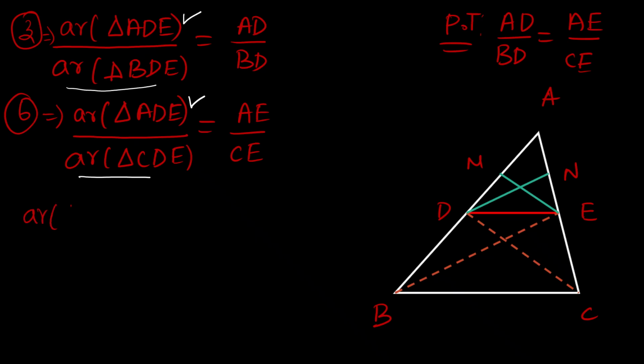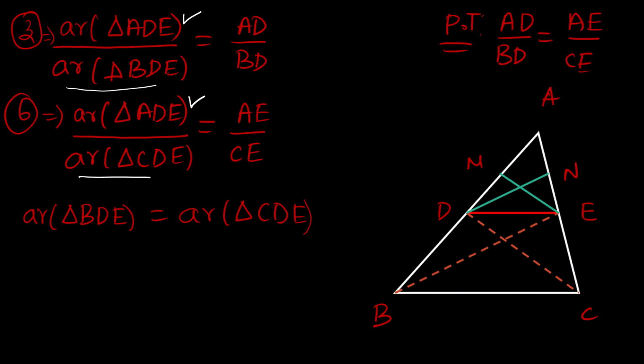Area of triangle BDE is equal to area of triangle CDE. How? Because BDE and CDE are triangles with the same base DE. They are sharing the same base DE and they lie between the parallel lines DE and BC. So they will be equal in area.